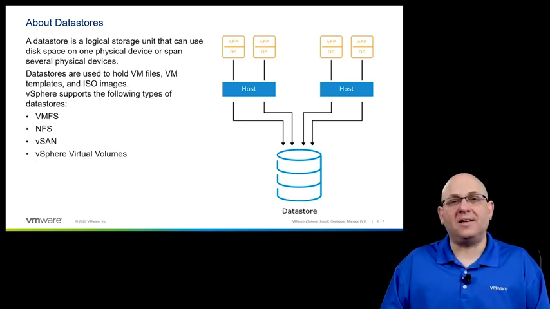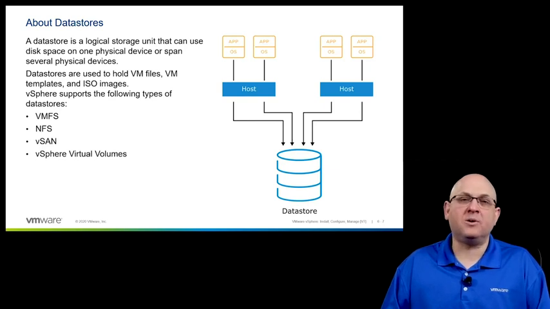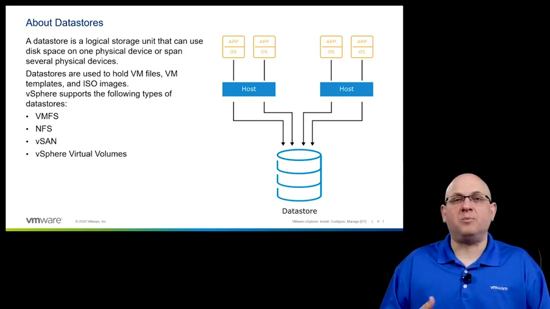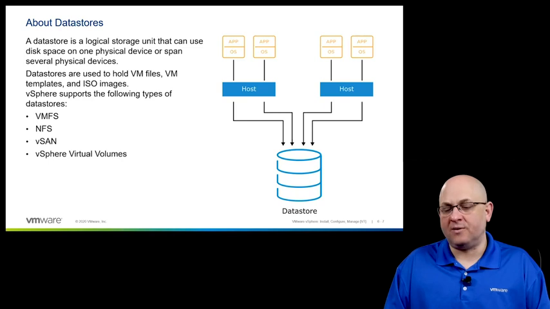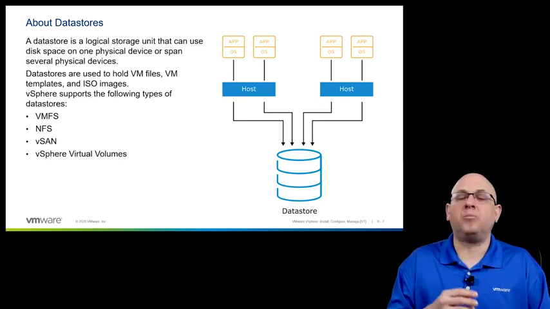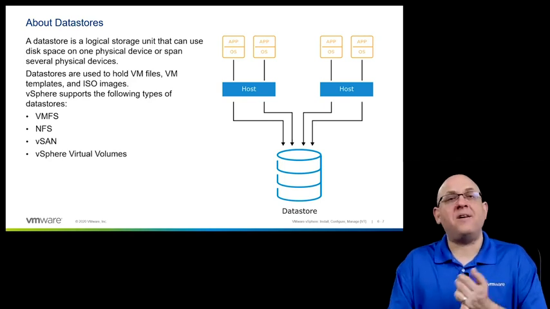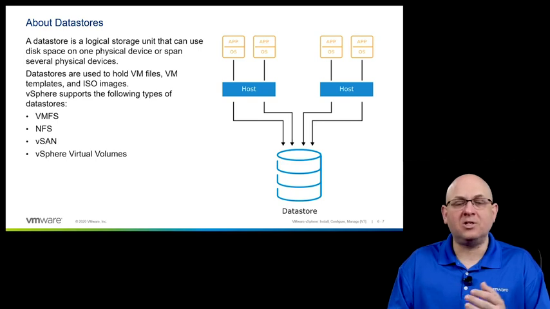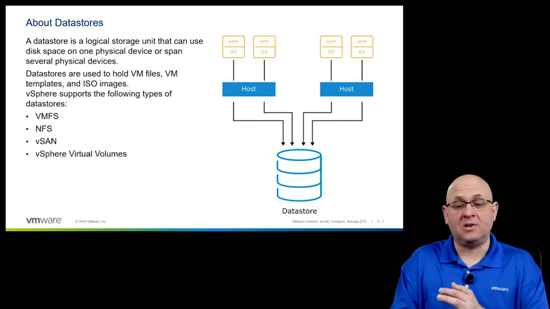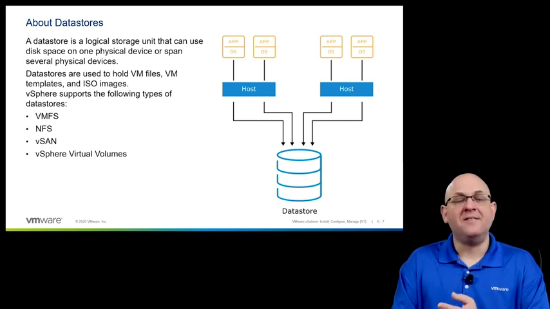We're also going to have things like ISO images there, because a data store is a nice centralized location for ISO images, as well as templates that we can then use to deploy other virtual machines.